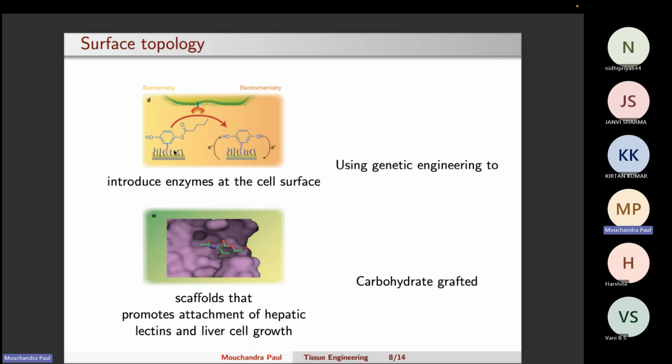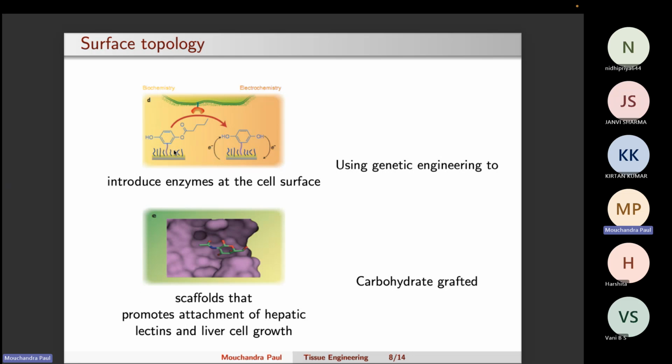Inactive form, it is attached, and you are genetically modifying your cell to express one kind of enzyme, and this enzyme is a transmembrane enzyme, means it is expressed on the surface of your cell.